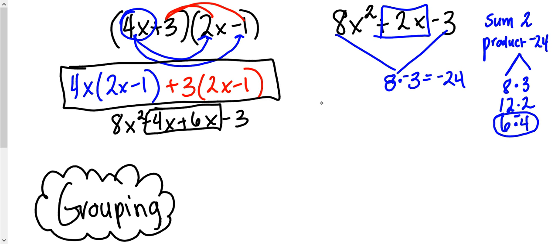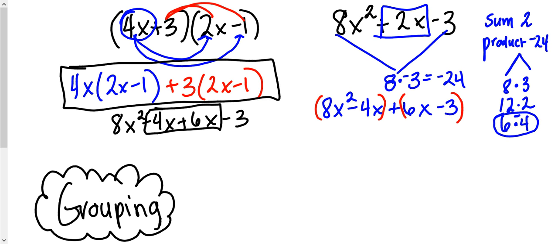So now I'm going to rewrite 8x squared minus 4x, and I just chose to put 4 there because, well, you'll see, I'll show you why in just a minute. It was just a little bit easier for me. So 8x squared minus 4x plus 6x minus 3. What we have done here is now we can actually break these apart.